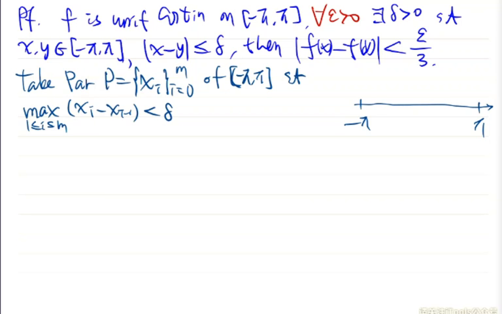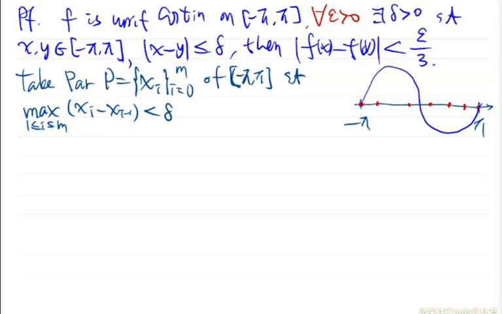This is possible. We take some points, including minus pi and pi, to divide the interval into subintervals, so that the length of every subinterval is less than delta. This is possible when you take sufficiently many points x_i. Then our function is here.